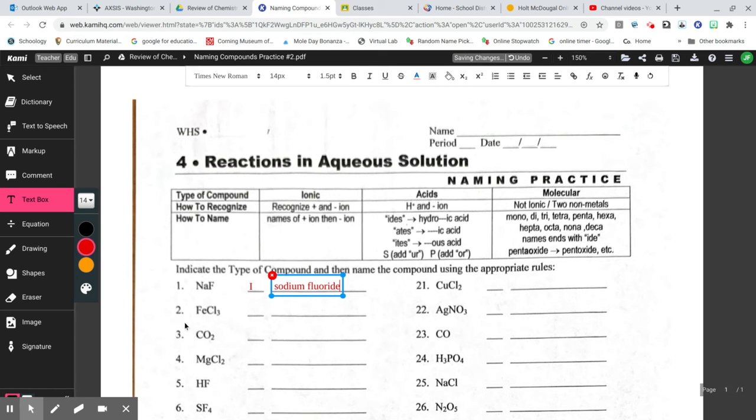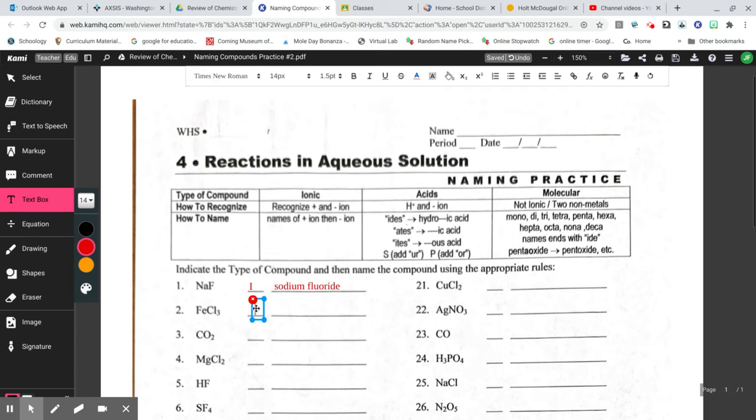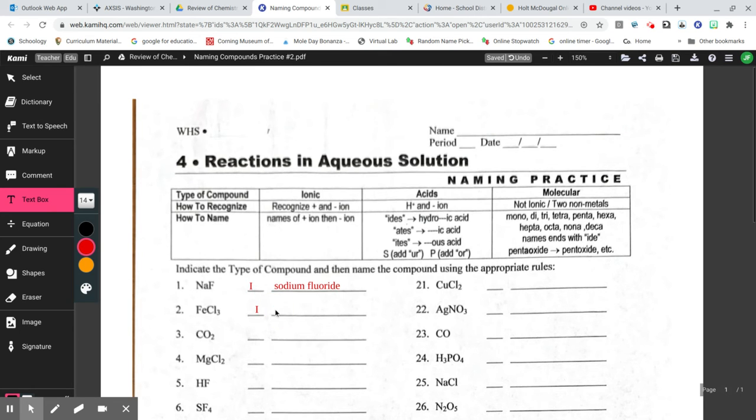Okay. Let's take a look at our next one here. We have FeCl3. So, what type of compound is it? It's ionic. So, we're going to put an I because we know iron is a metal and chloride or chlorine is a nonmetal.